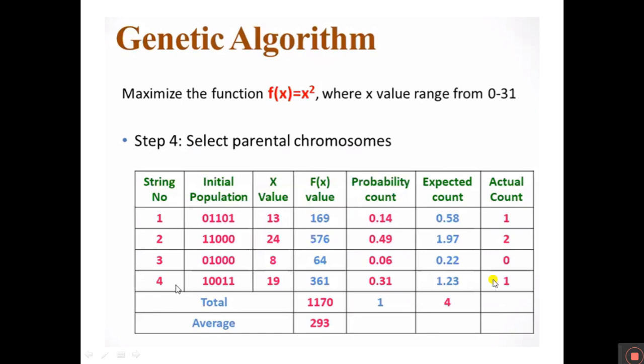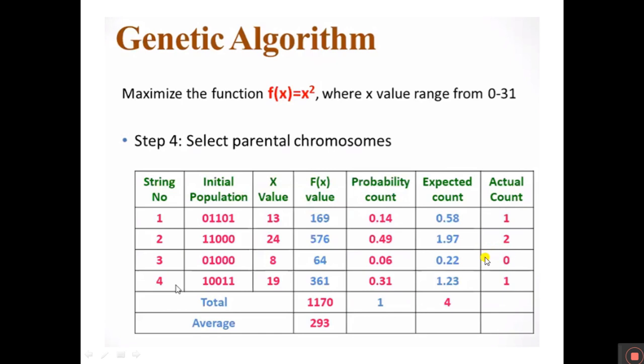That means the total count 4 means we rotated 4 times. Right? This actual count means string 1 can be selected once, string 2 can be selected twice, and string 3 cannot be selected anyway because this is a 0.